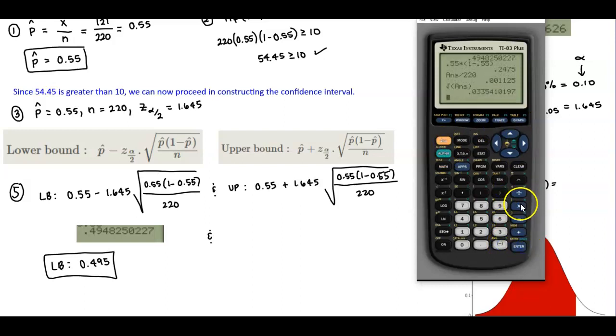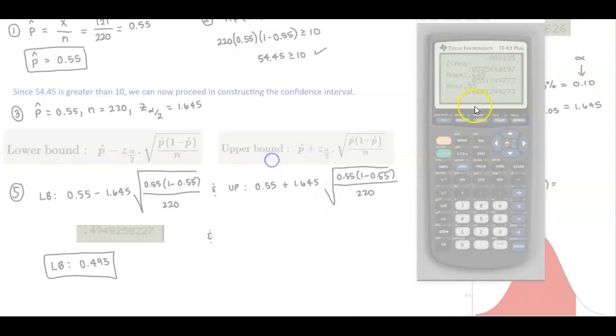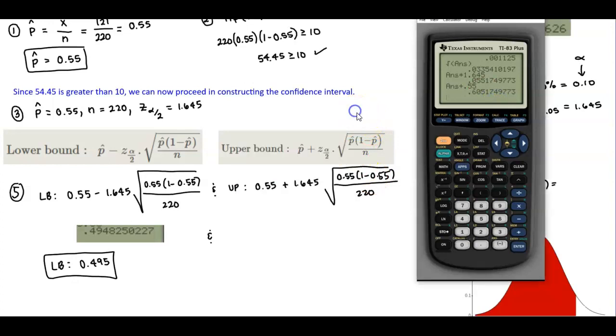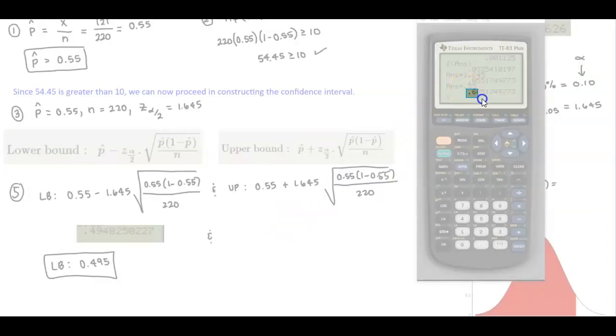And then we're going to multiply that by 1.645. And then we're going to add 0.55. And so therefore, there is our calculation there. So let's copy that. If we round it to 3 decimal places, we will see that we get 0.605 for the upper bound.